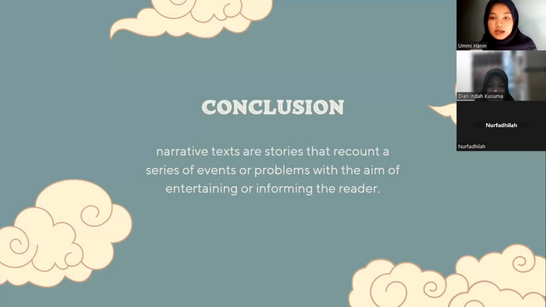The structure of a narrative text consists of an orientation that sets the stage, a complication where problems arise and escalate, a resolution where conflicts are resolved, and an optional evaluation that reflects on the story and its themes.